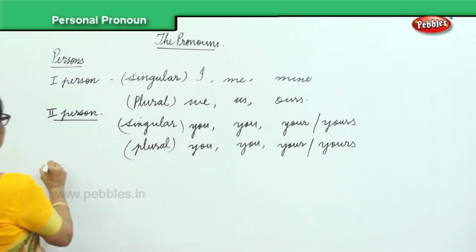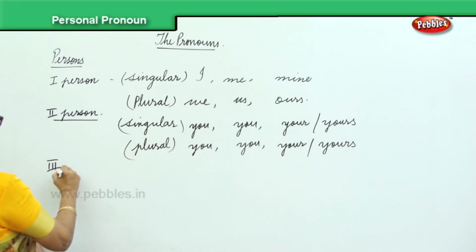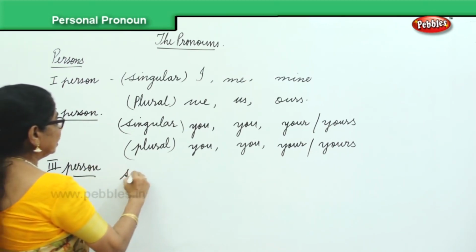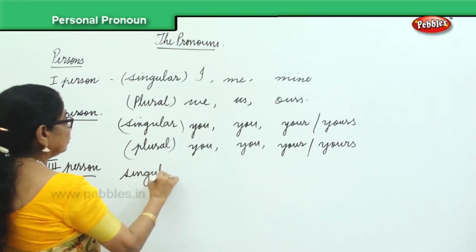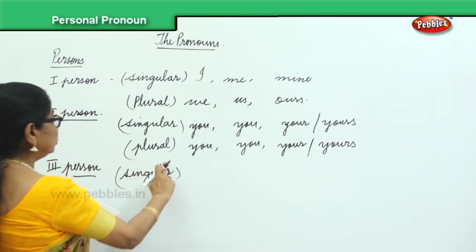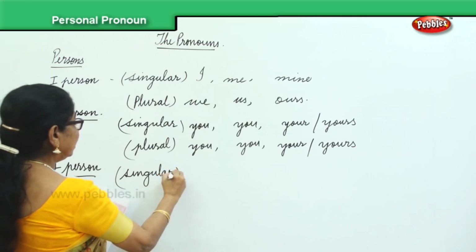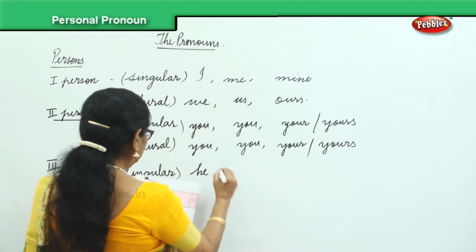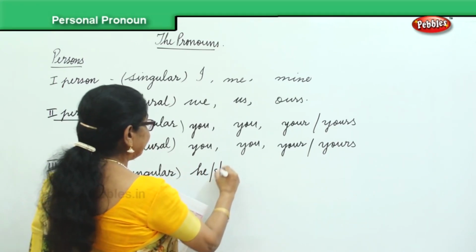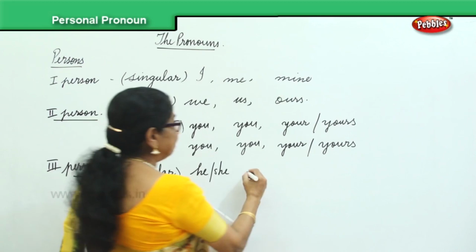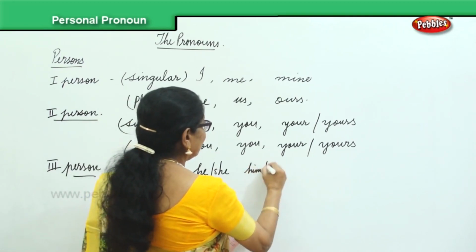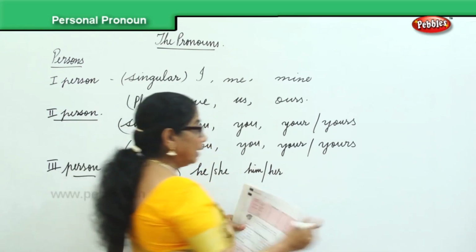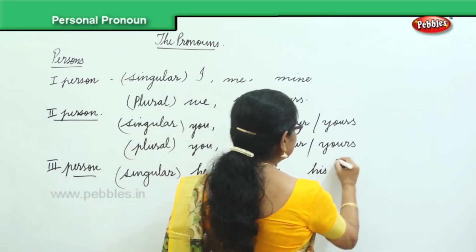And in the third person singular, you will say he or she, then you will say him or her. And then you will also say his, hers.